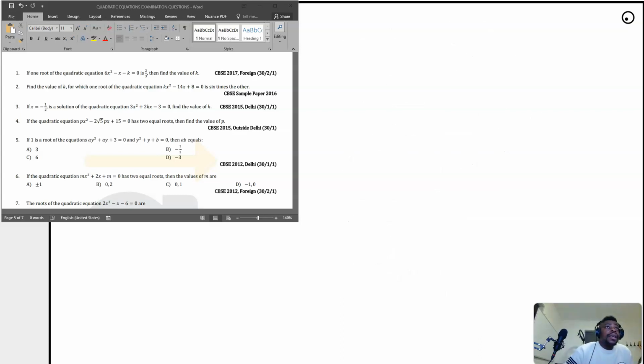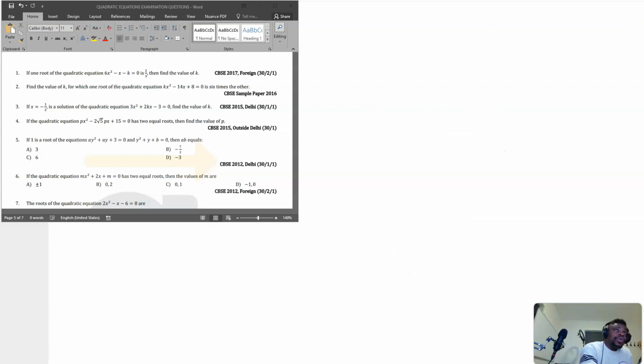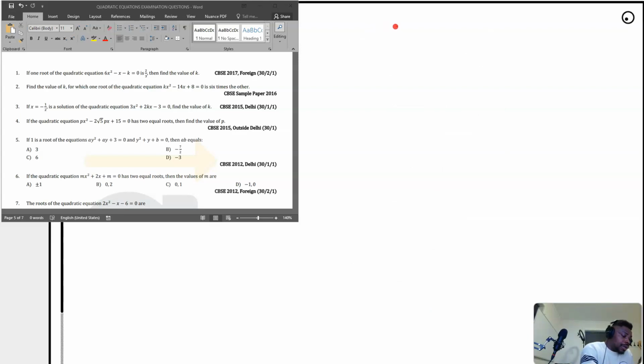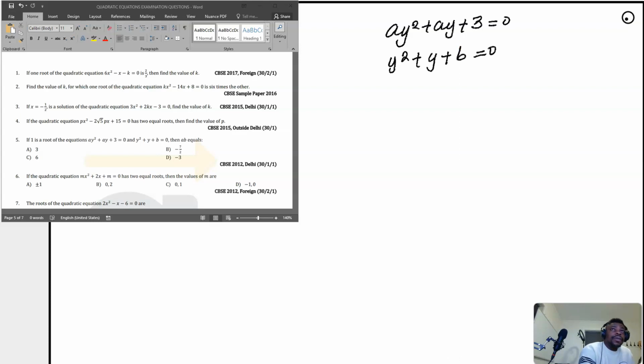The next question: if 1 is the root of the equation ay squared plus ay plus 3 equals 0, and y squared plus y plus b equals 0, we want to find the value of ab. And we're told that 1 is the root of both.